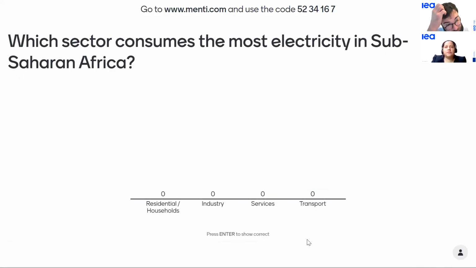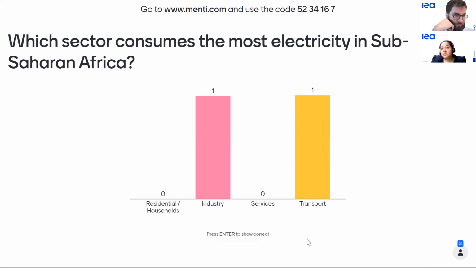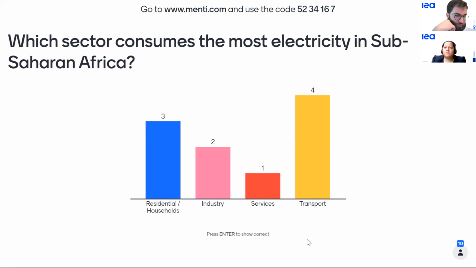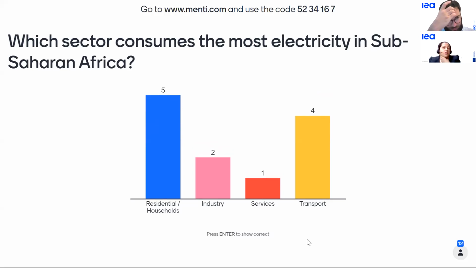But in Africa, which sector consumes the most electricity in Sub-Saharan Africa? Is it still industry, or is it residential, or services, or transport? Do you think that it's the same as global?